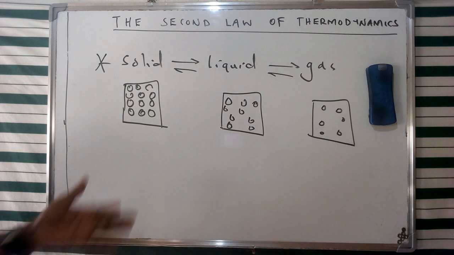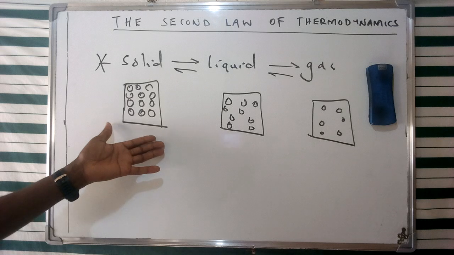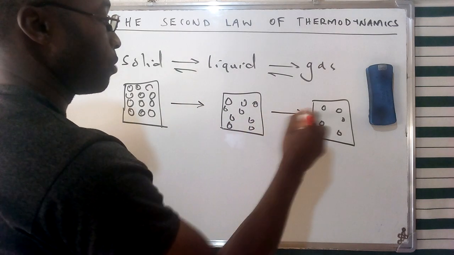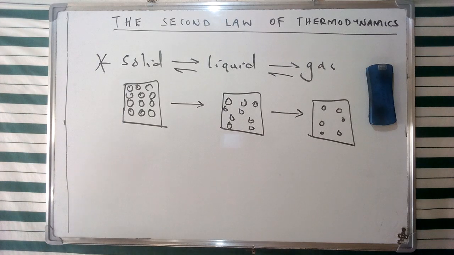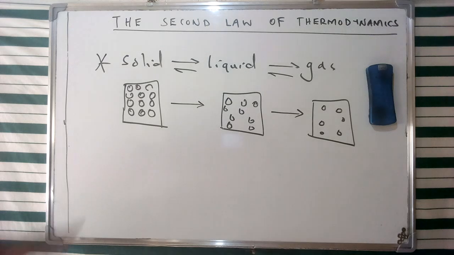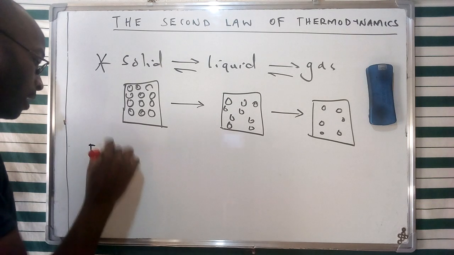Now in this particular case, we're going to see that this uniformity is going to be disrupted as the transformation occurs from solids to gases. And this particular kind of disorder forms a basis for the concept of what we refer to as entropy.